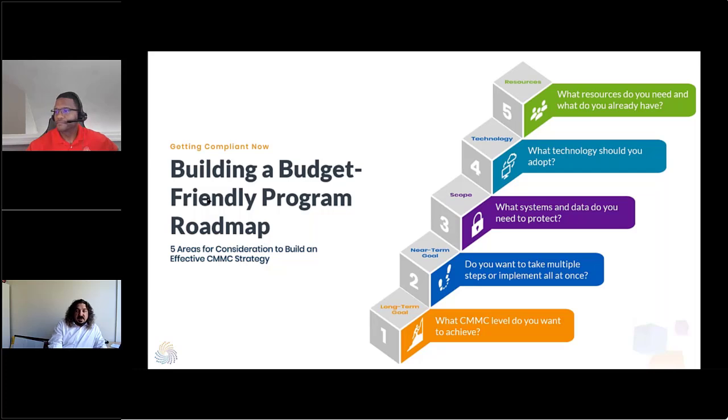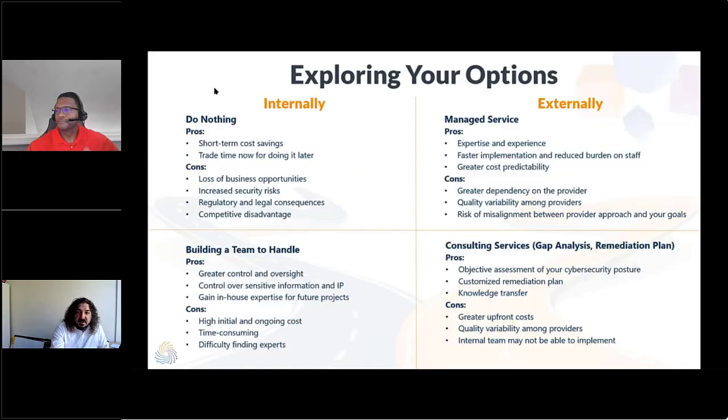Step 4 is to assess your technology, and step 5 is to assess your resources. And a quick word about technology, and we'll talk about this in a little bit more detail on this slide. When CMMC was first announced 4 years ago, the general wisdom, the conventional wisdom, is what's shown on the lower right of this slide.